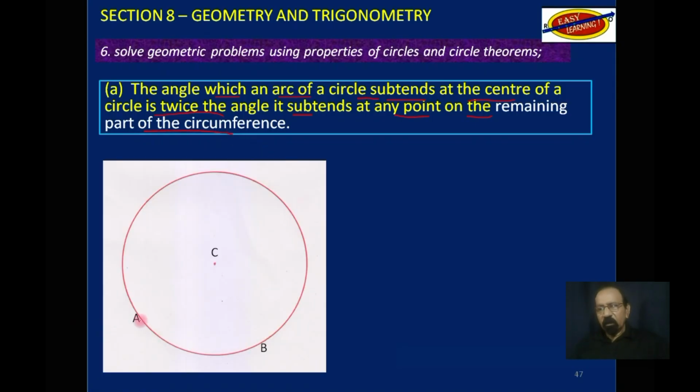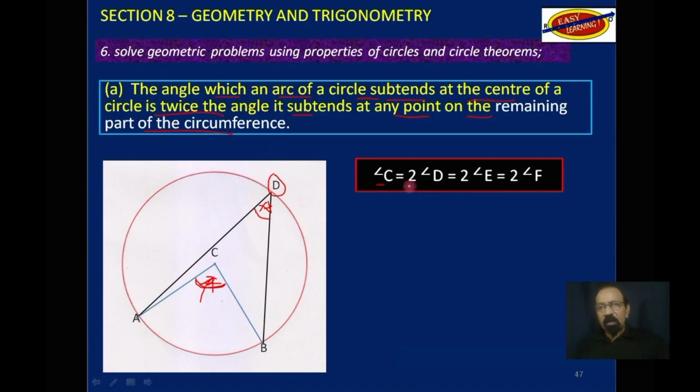So if you have an arc here, A, B, and from that you draw an angle here to the center, and then you take another point over here from the rest of the circumference, and you draw two lines from A and B like that. This one at the center is twice that one on the remaining part of the circumference. Or the one at the circumference is half of the one at the center. This applies to all points along that circumference.